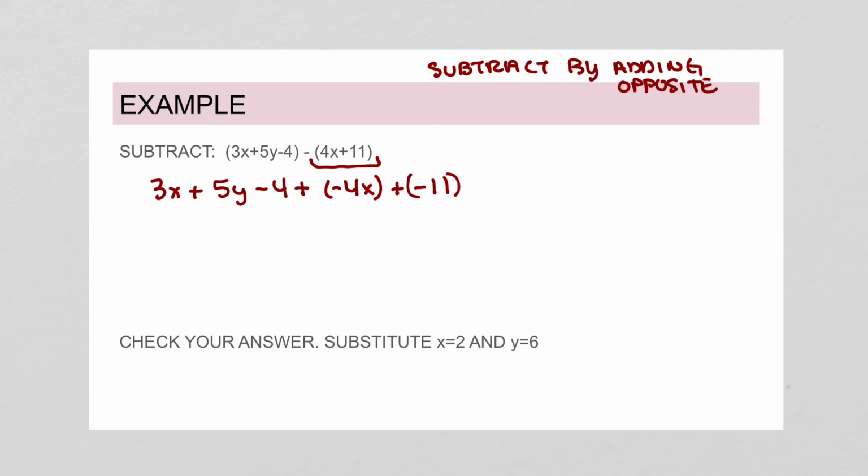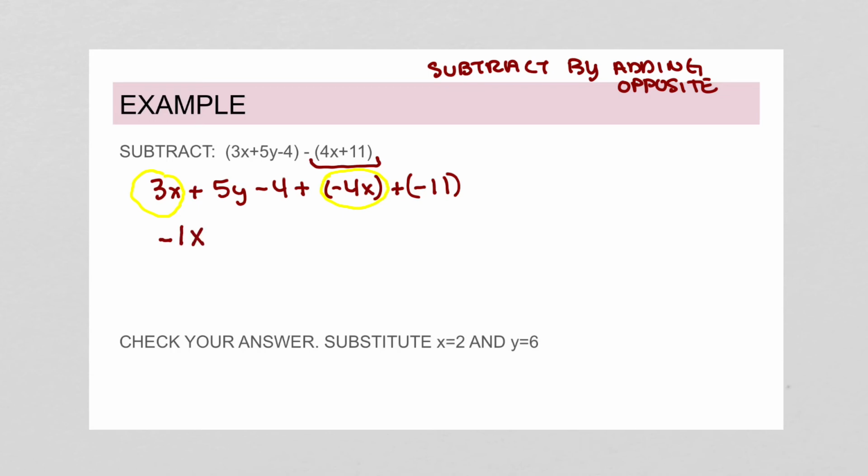All right, let's look at combining some like terms now. I've got my 3x and negative 4x. If I have positive 3x's and I take away 4x's, how many x's do I have left? Well, I just have a negative 1x, or a negative x.